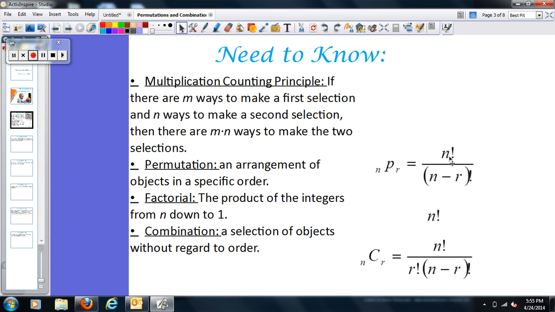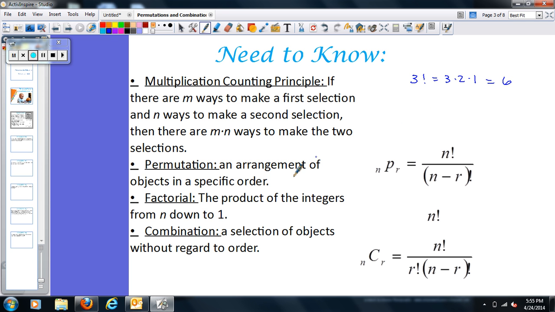That's going to equal n factorial over n minus r factorial. Factorial is the product of the integers from n down to 1. So let me just give you a brief example. If I say 3 factorial, that's 3 times 2 times 1, which is going to be 6. If it was 7 factorial, it would be 7 times 6 times 5 times 4 times 3 times 2 times 1.